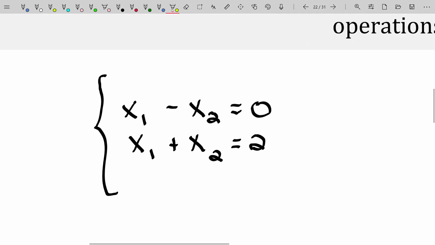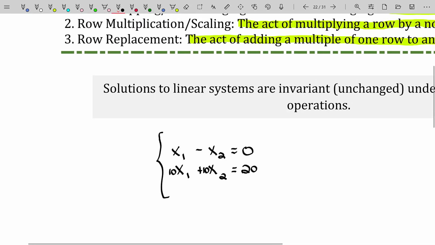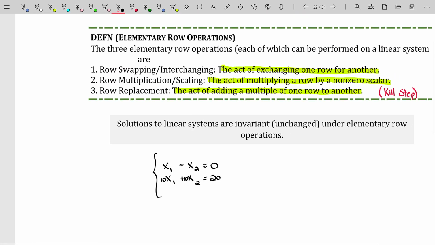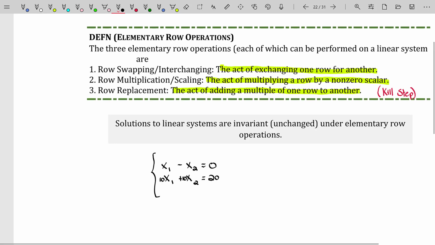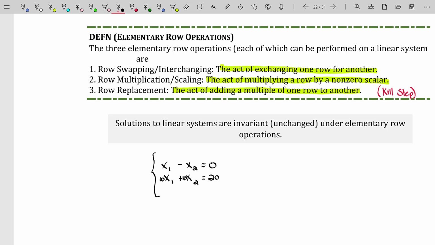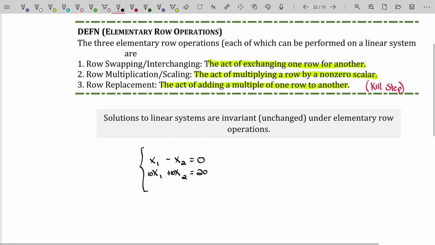Let's just pretend for a moment, since I know that the solution is invariant under scalar multiplication, I will go ahead and say that that was our original system. According to this third elementary row operation, I should be able to add a multiple of one row to another row, and it shouldn't change the overall solution to the system.